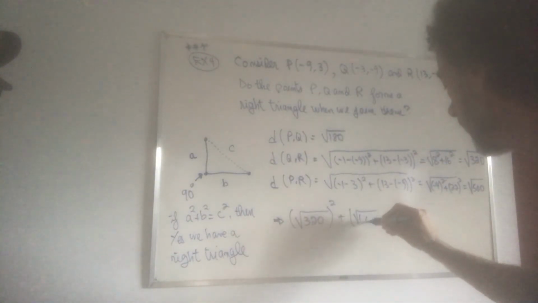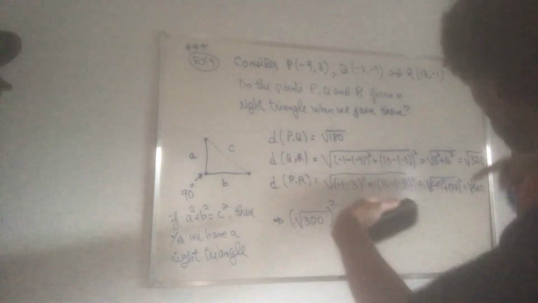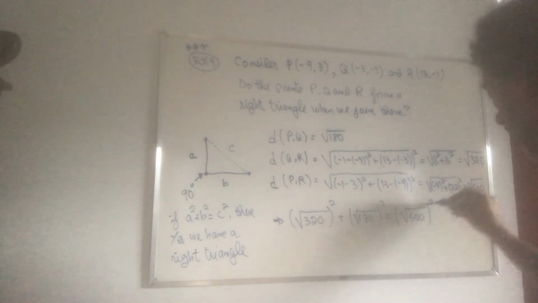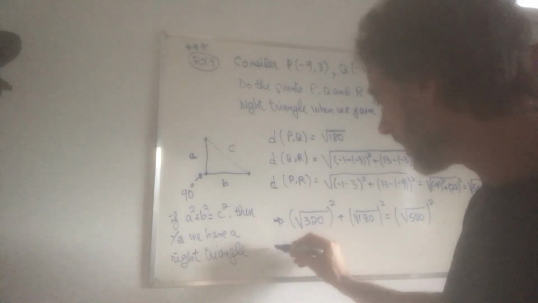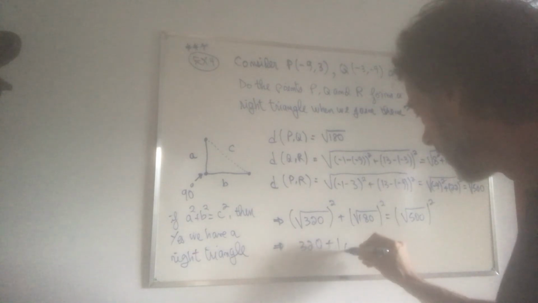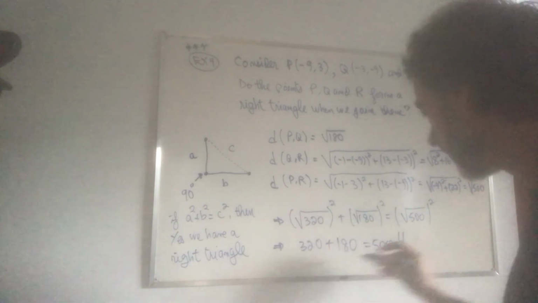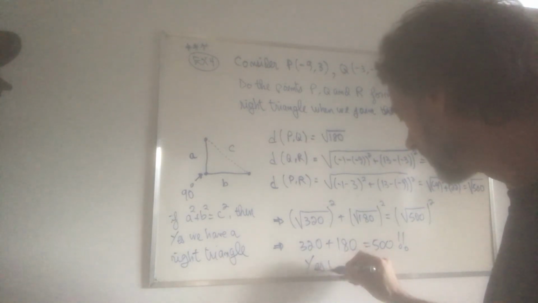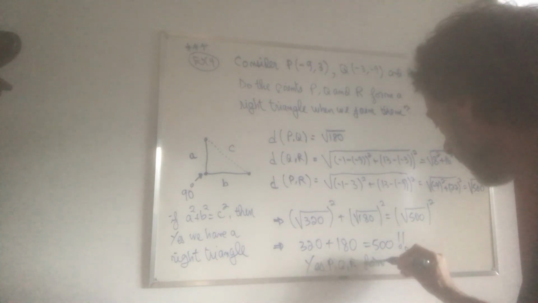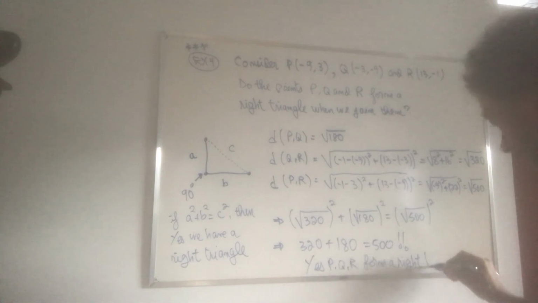Root of 180 squared should be equal to the larger side, which is the root of 500 squared. Is this verified? Yes, it is, because the square root and the square cancel themselves. That's 320 plus 180, and that's equal to 500. So the answer is yes, P, Q, R form a right triangle.